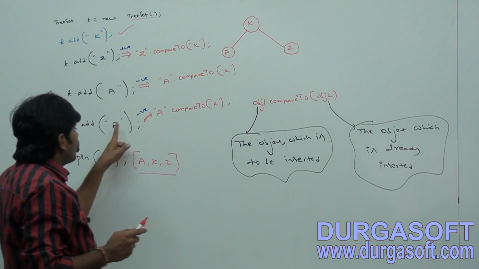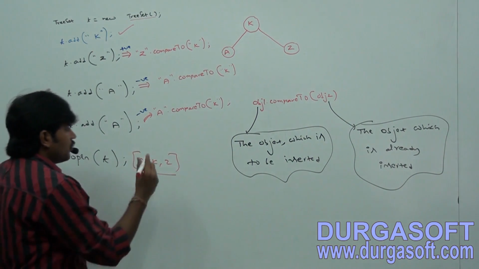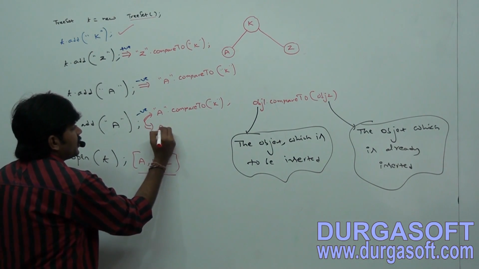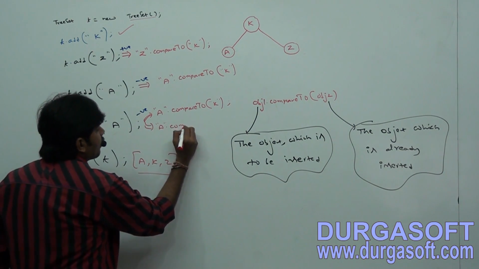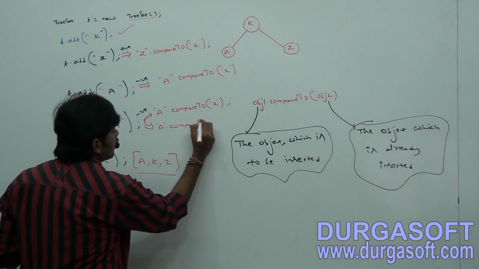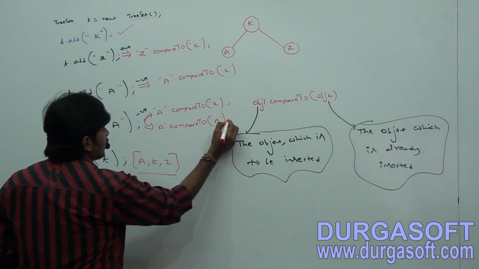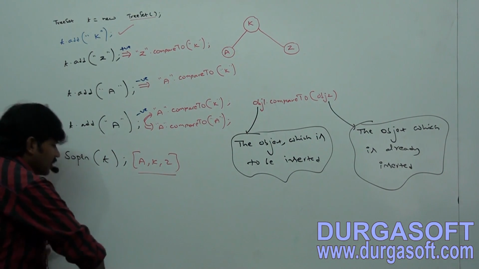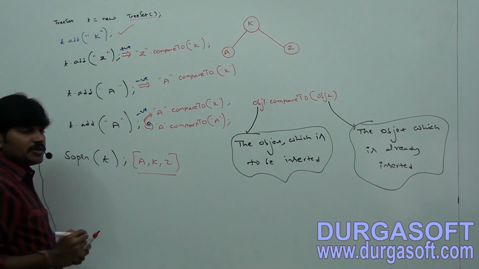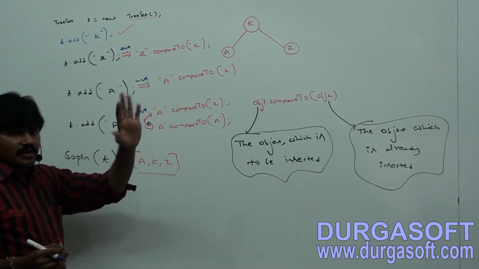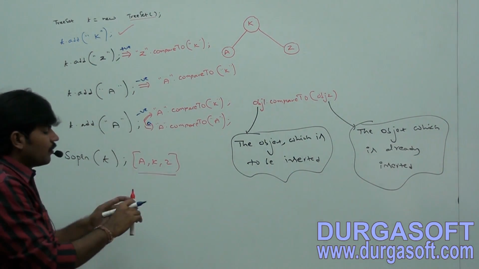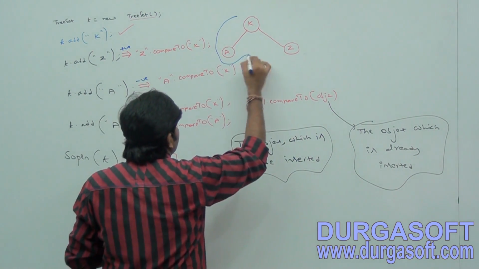Once again you have to compare with that element. So in the second comparison, A.compareTo(A) returns what? 0. Zero means duplicate. This object is not required to be inserted. That's all. So now what is my diagram?